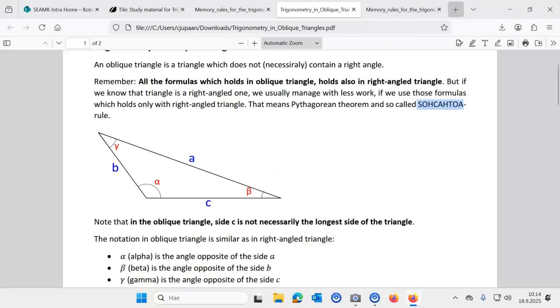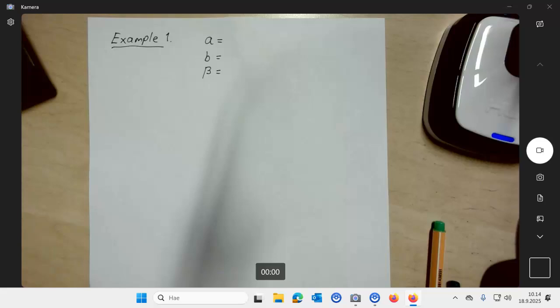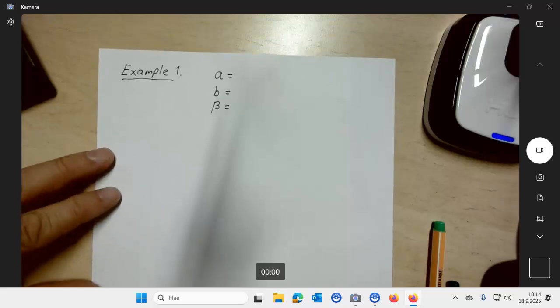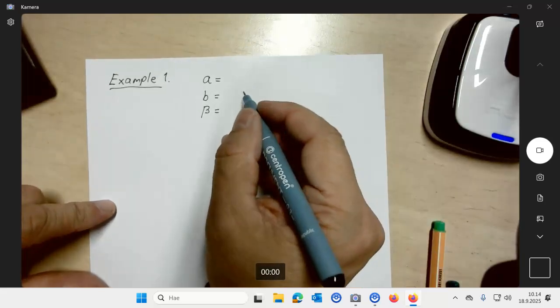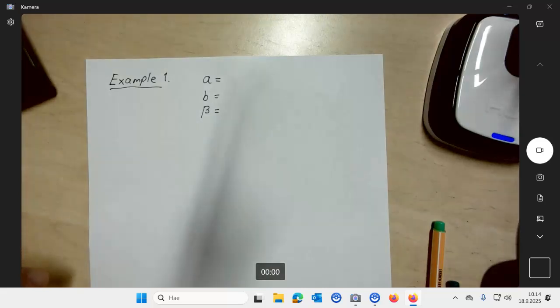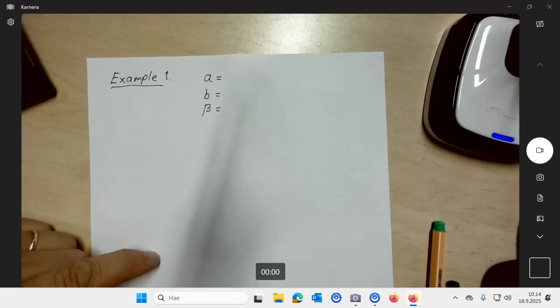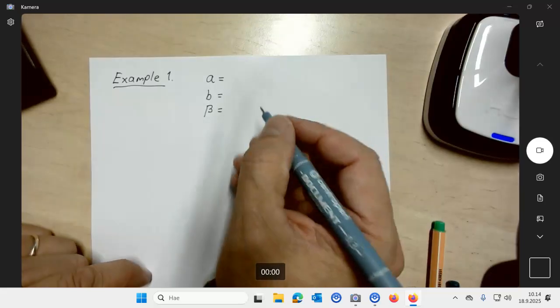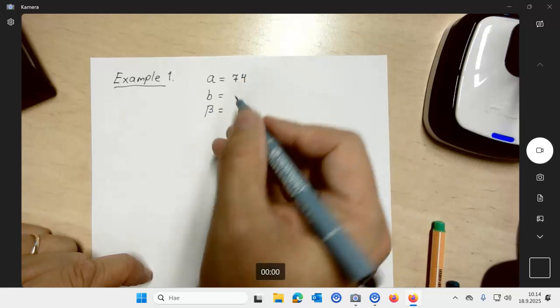Oh, sorry, you can't see this. I will draw the triangle after we get the values of these. How long is A? Let's not use units at all, only simple numbers, so we don't have to use meters or centimeters or millimeters there, but only simple numbers.